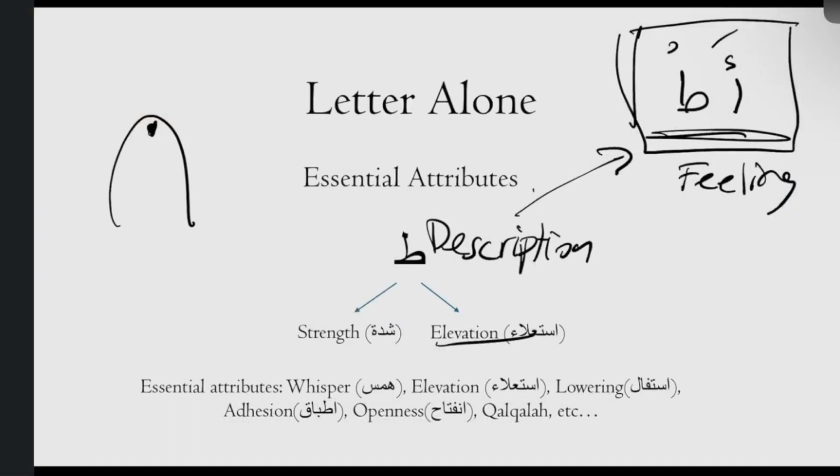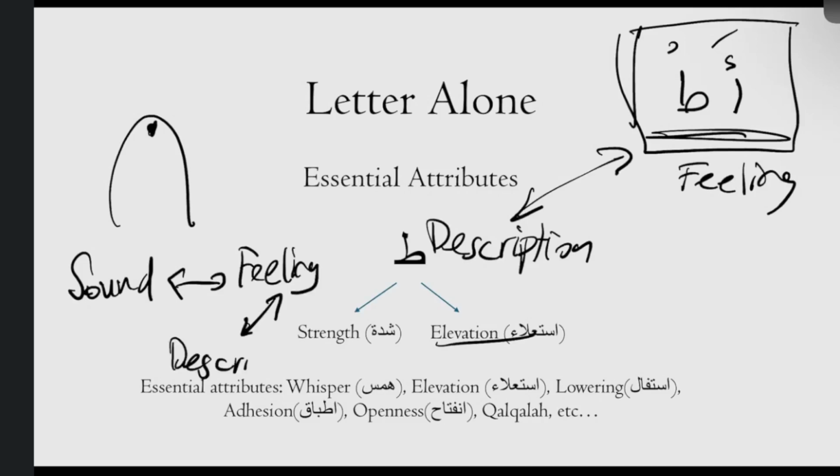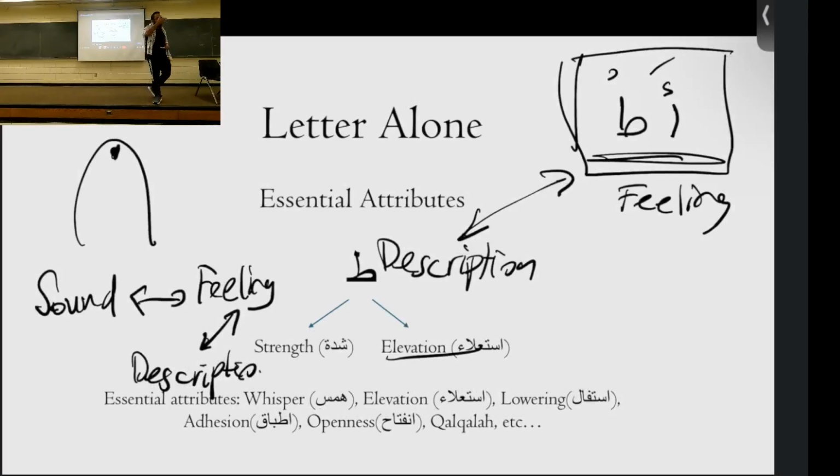If you map properly, you will be very good at this science. If you map the sound with the feeling and with the description, some people are very proficient in tajweed. They can close their eyes and say, "Yo, you didn't put the back of your tongue going up."